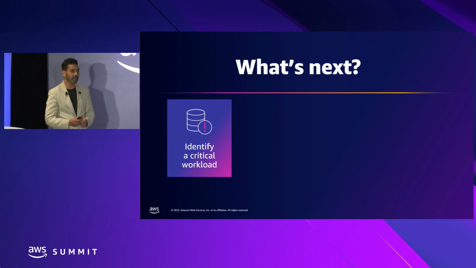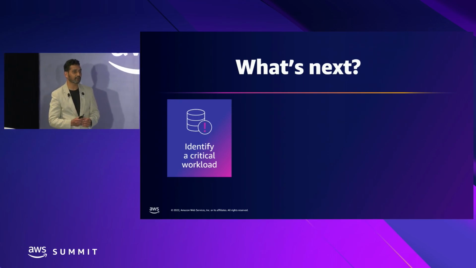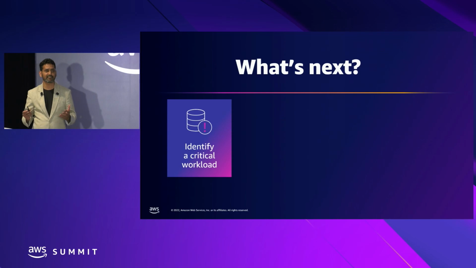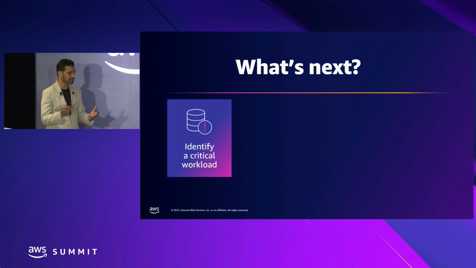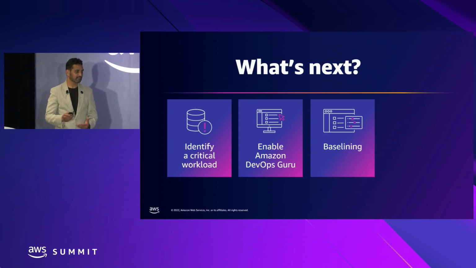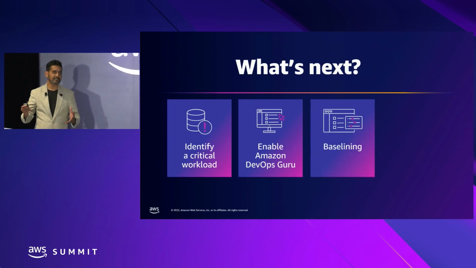So now I'll encourage you to pick a workload to enable DevOps Guru. It could be your performance testing environment where you can simulate the operational issues easily, or it could be your production environment. Once you enable DevOps Guru, it's so easy to start having the coverage, and it will take some 24 to 48 hours for baselining.